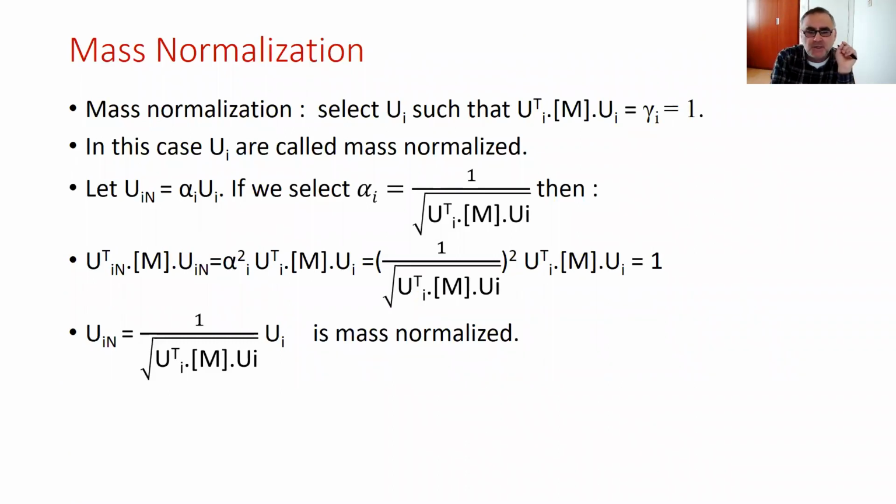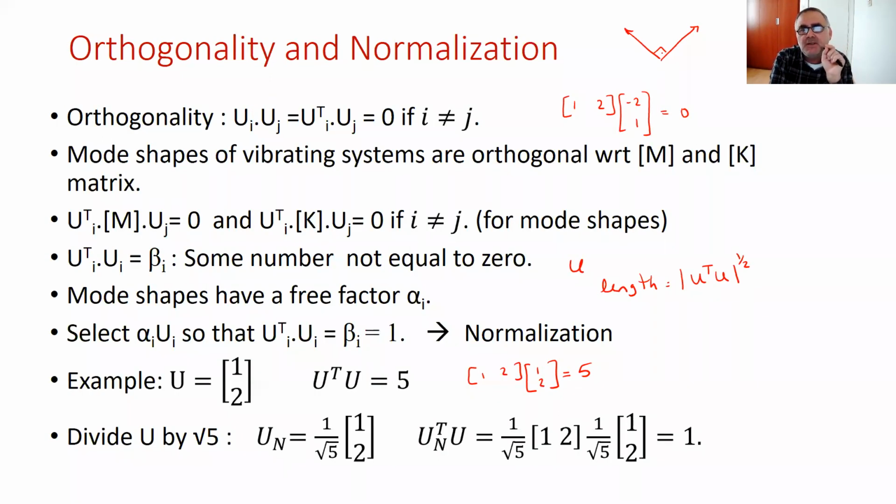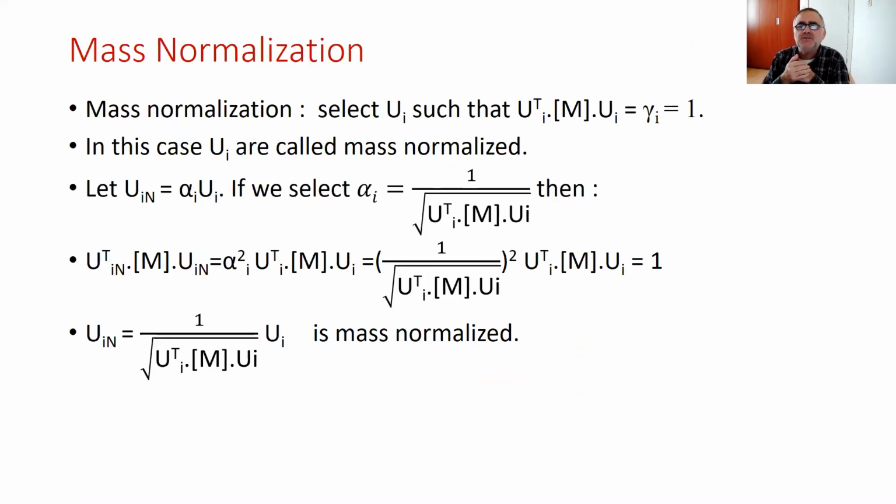Now this was regular normalization, but we also have the so-called mass normalization. Mass normalization is an important step in the modal analysis of vibrations. We will see why that is the case later on. What we do is the following. Let's say that we have this triple product, Ui transpose M Ui. And we know that if you have Ui and Uj there, it would be zero for vibrational systems.